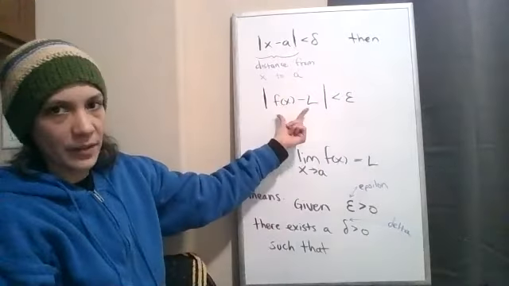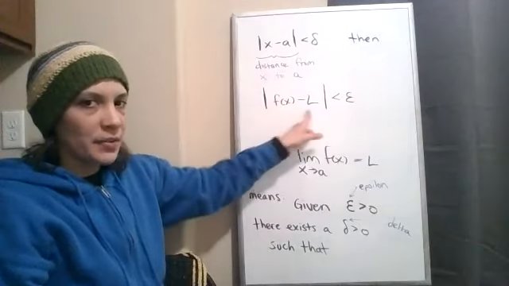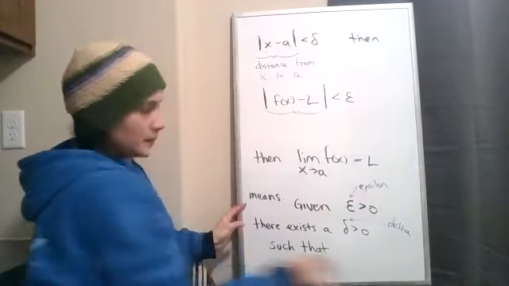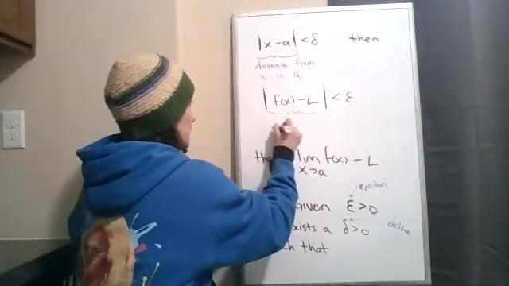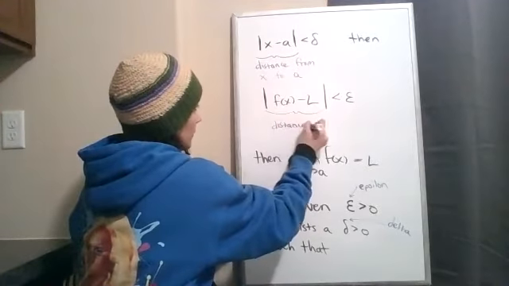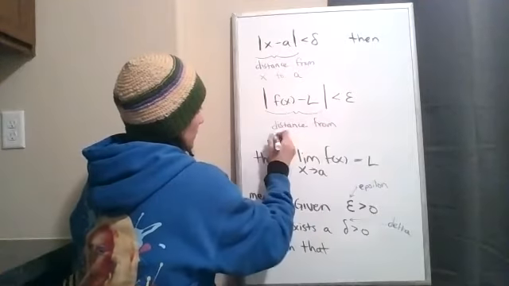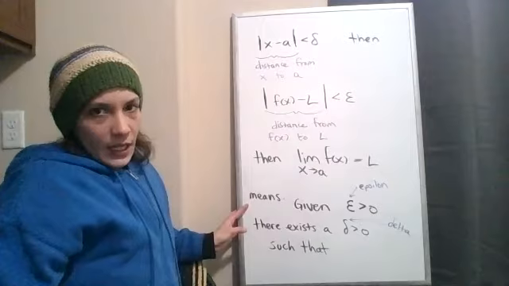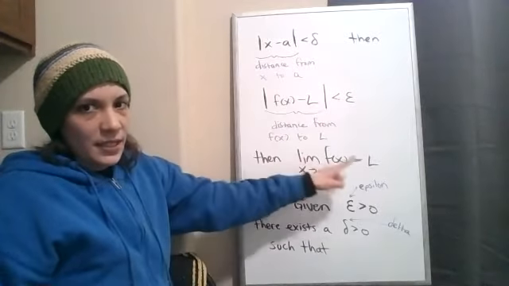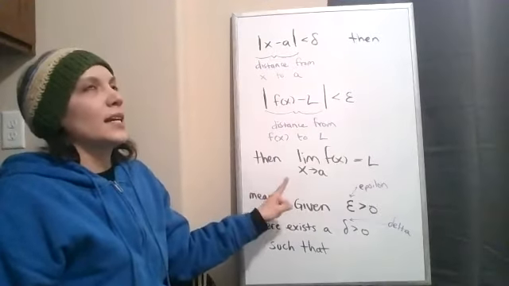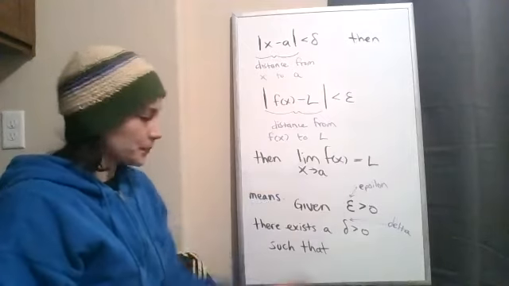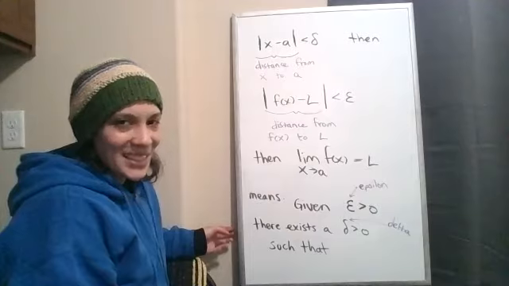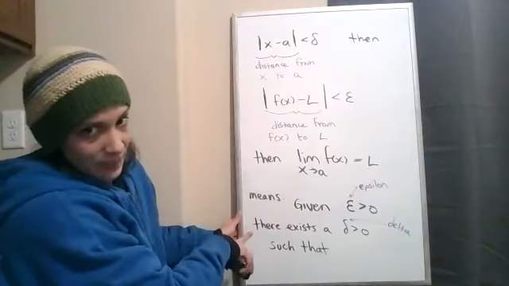Okay, so absolute value of f of x minus L is the distance between f of x and L. So all of what we just said means the limit as x goes to a of f of x equals L. We're going to draw a picture, and then we're going to do some proofs. I think this is really exciting, but again, I probably won't put this on your exam.